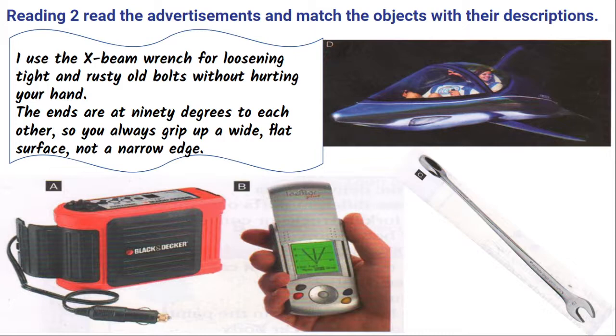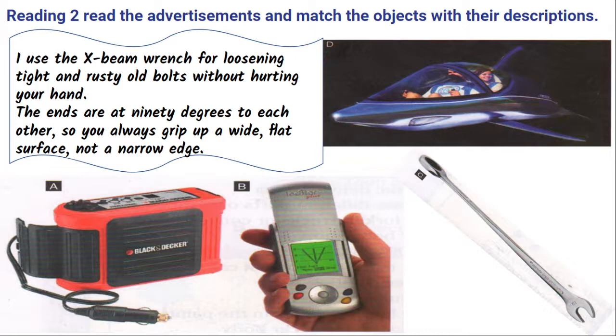Sorry, use the X-beam wrench, not I use. This is number 1. Or I can say, I use the X-beam wrench for loosening tight and rusty old bolts without hurting my hand. The ends are at 90 degrees to each other, so you always grip a wide, flat surface, not a narrow edge. So here we are talking about a tool.